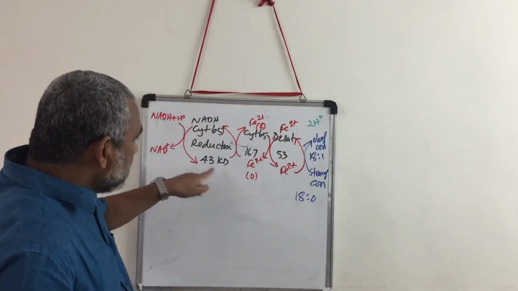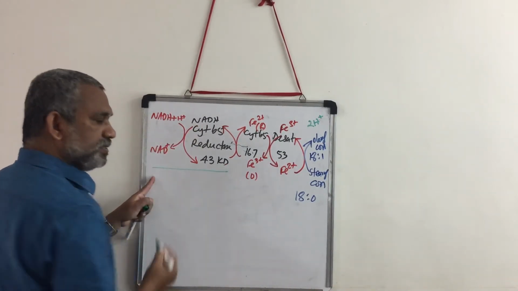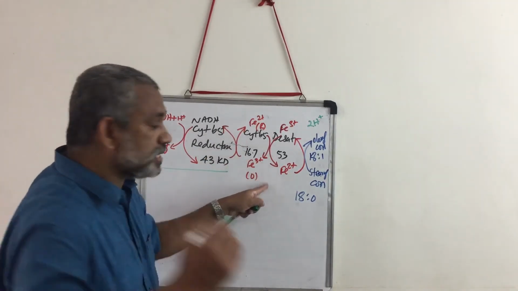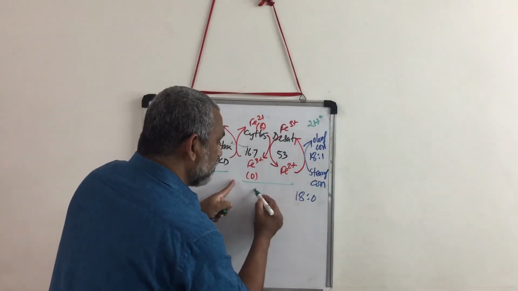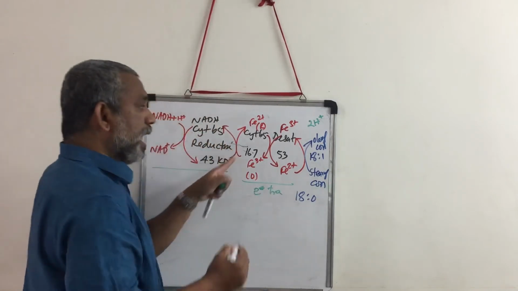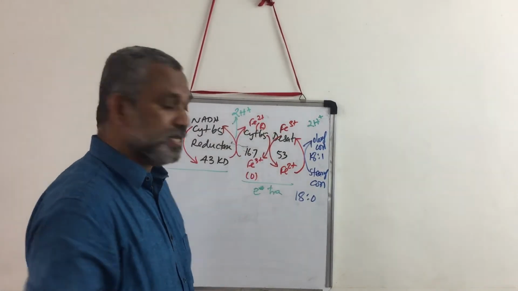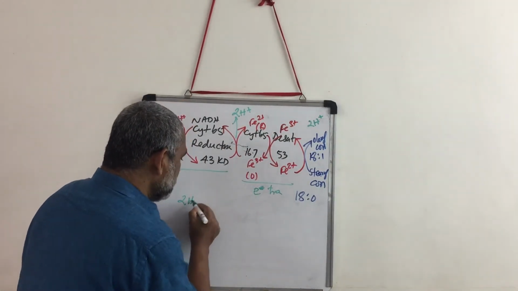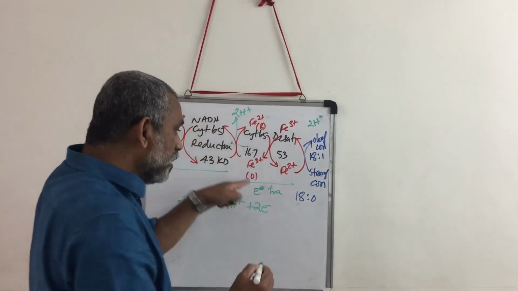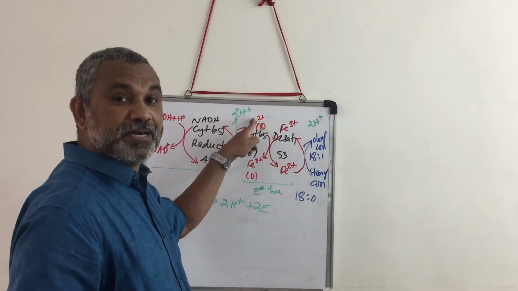Now remember, up to here it is a hydrogen transport. From here onwards it is not a hydrogen transport, it is an electron transport. And the 2 hydrogens are released here, 2H plus. Remember, 2 hydrogens equal 2H plus and 2 electrons. Only electrons have been transported here and the 2 hydrogens are available here.